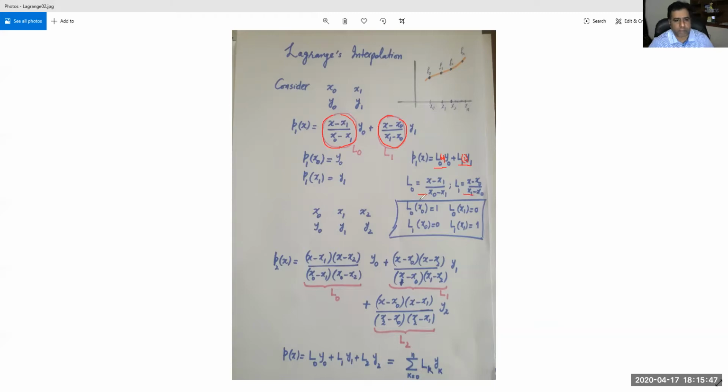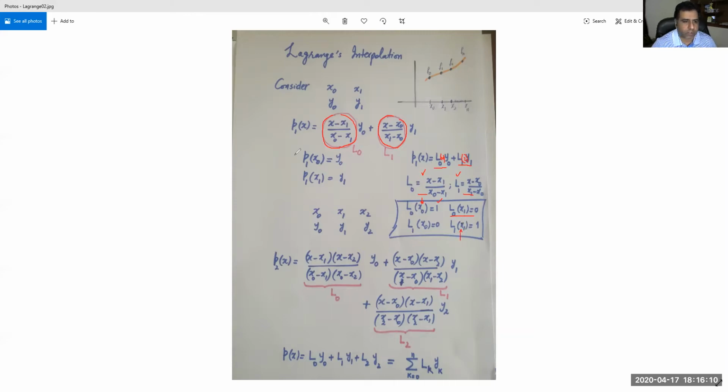You can easily verify all of such factors. They are 1 at one node and they are 0 at other nodes. Similarly, if you look at L1, that will be 0 at first node and that will be active at the second node, which is denoted as x1.